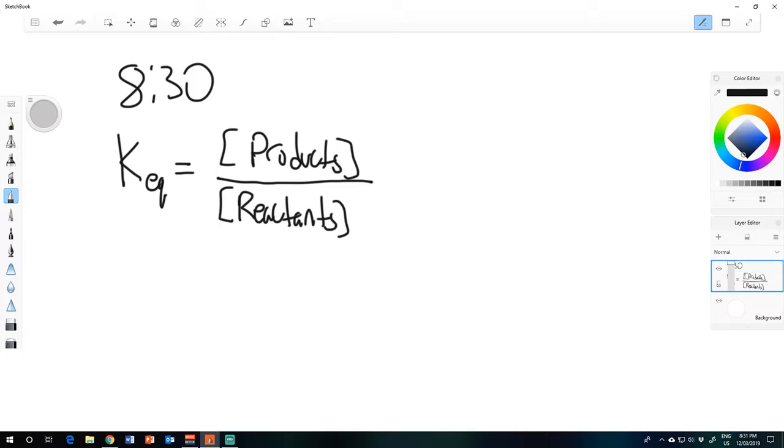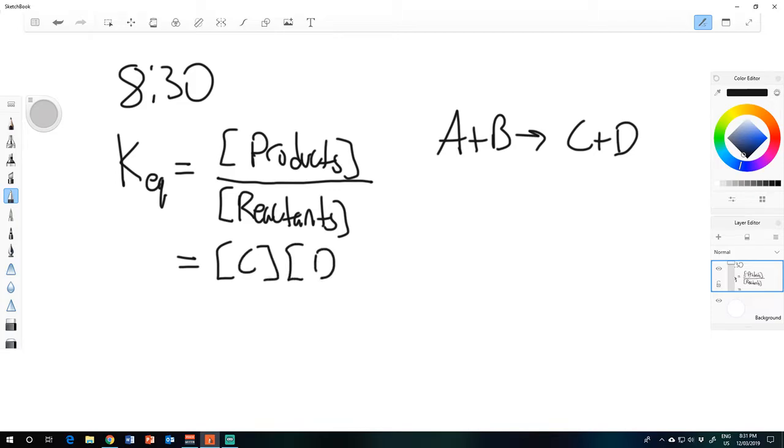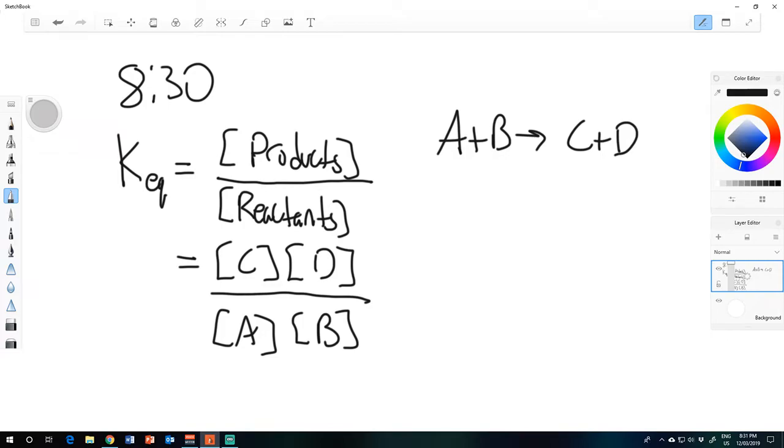We described that if I had a sample reaction like A plus B going to C plus D, the concentration of products would be concentration of C times concentration of D, all divided by concentration of A and concentration of B, right? So this was kind of what we did in the last unit, and this seemed to be okay. Nobody's gonna have any issues with this.